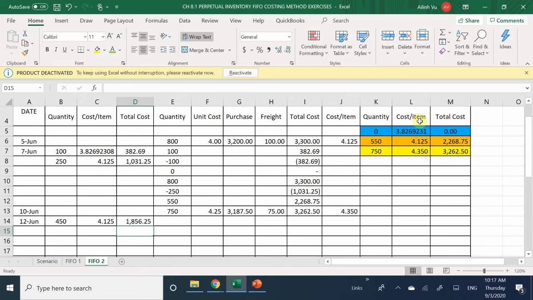Okay, how do you want to adjust it? 100. It's 100? Yeah. Okay.